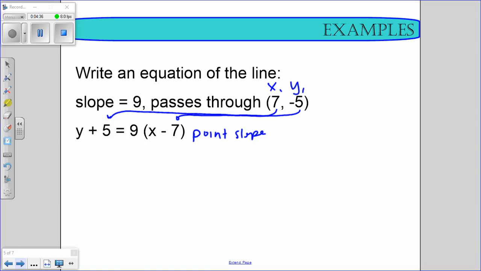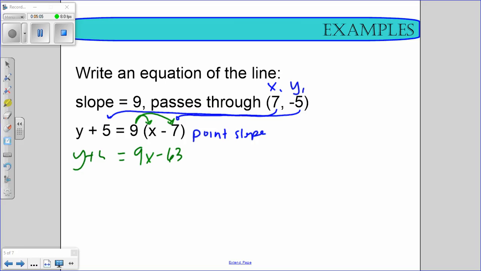Your problems are probably going to ask you to give it in slope-intercept form. So we need to manipulate this. Remember, when you have a number up front, you have to distribute first. The first thing you need to do. All right, so we distribute. We have 9x minus 63.